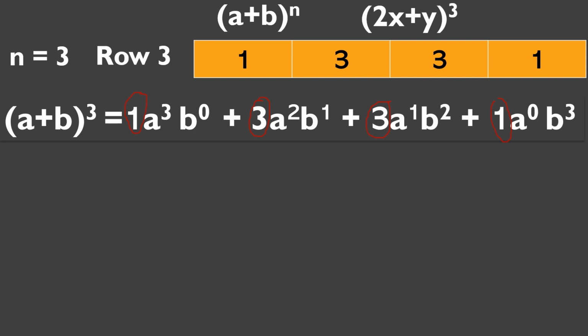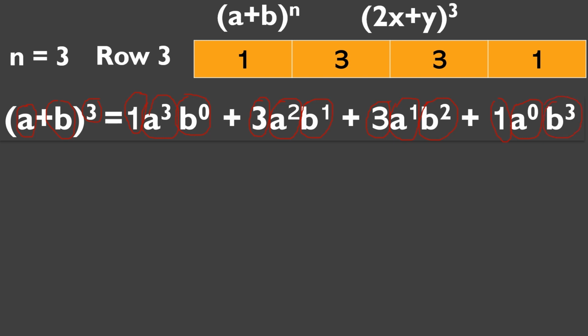And our first component here, which is a, is raised to power 3, and that's what we have right here. And then as we go to the right, a raised to power 3 will now become a raised to power 2, then reduces to a raised to power 1, and then finally reduces to a raised to power 0. While the second component, b in this case, is b raised to power 0, and then increases to b raised to power 1, and then b raised to power 2 until it becomes b raised to power 3.